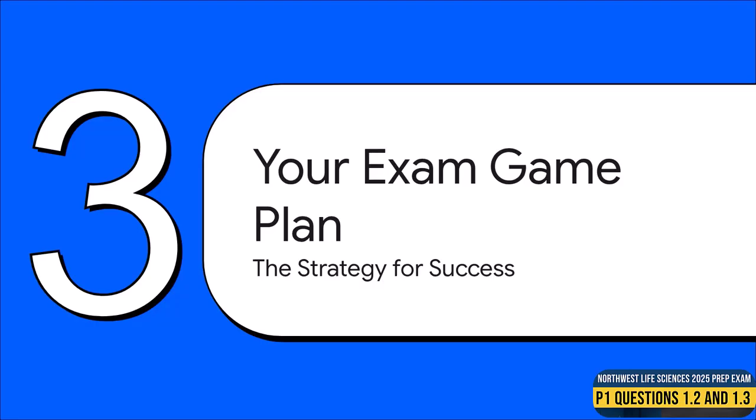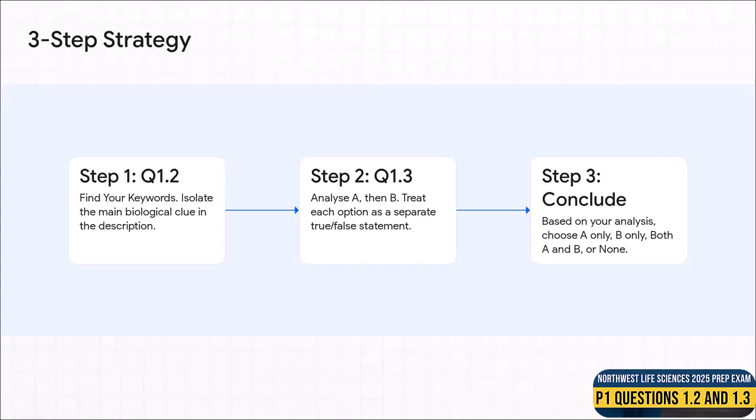So, let's pull all of this together into your official exam game plan. This is the strategy you're going to take with you into that exam hall to just dominate Section A. It's a simple 3-step process. Step 1, for question 1.2, you find your keywords. Isolate that main biological clue. Step 2, for question 1.3, you analyze A, then you analyze B, completely separately.